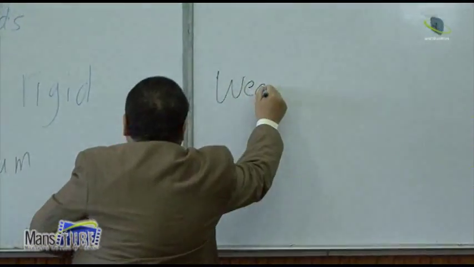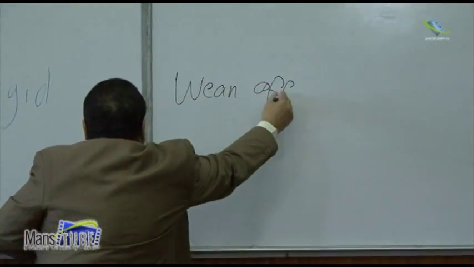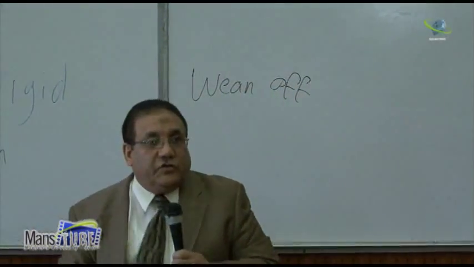We call this weaning off your children. This is a nice term, weaning off your children in terms of using Arabic. Wean off. You know what wean off is? To wean off a child means to stop breastfeeding him.